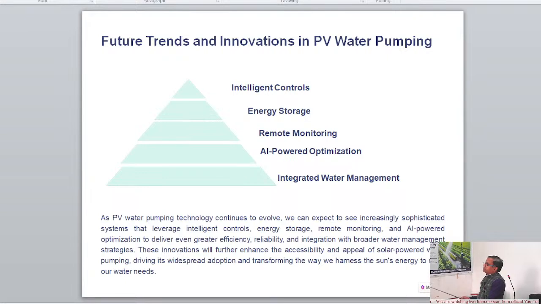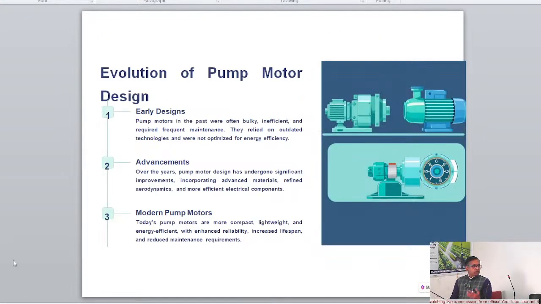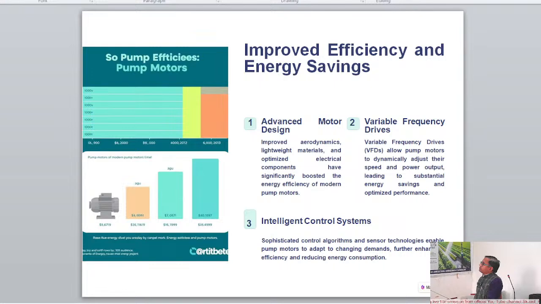Now the advantages, or the evaluation of the pump motor, there are a lot of avenues. We have discussed solar energy, and the centrifugal part. Proper efficiency, variable frequency drives and intelligent control can increase the effectiveness of the system.